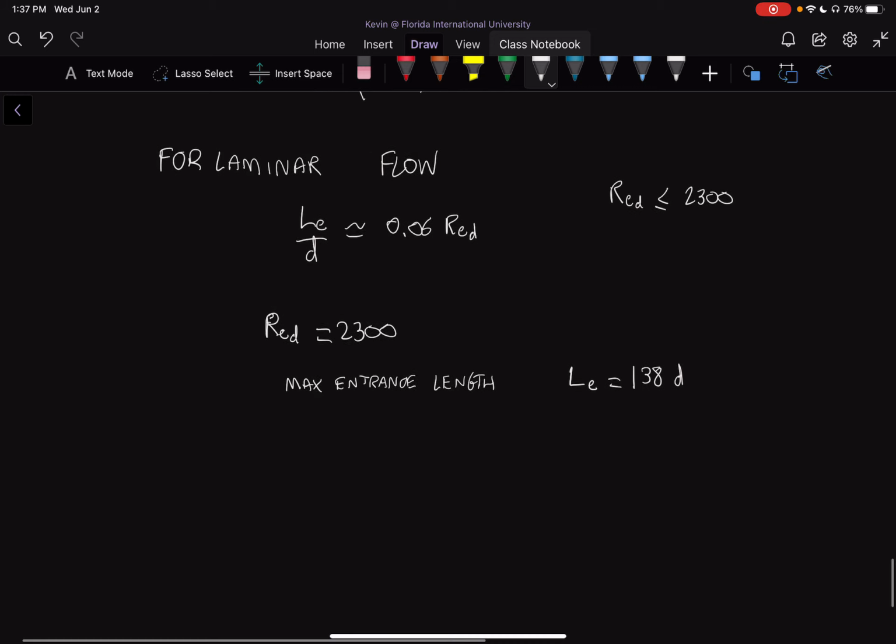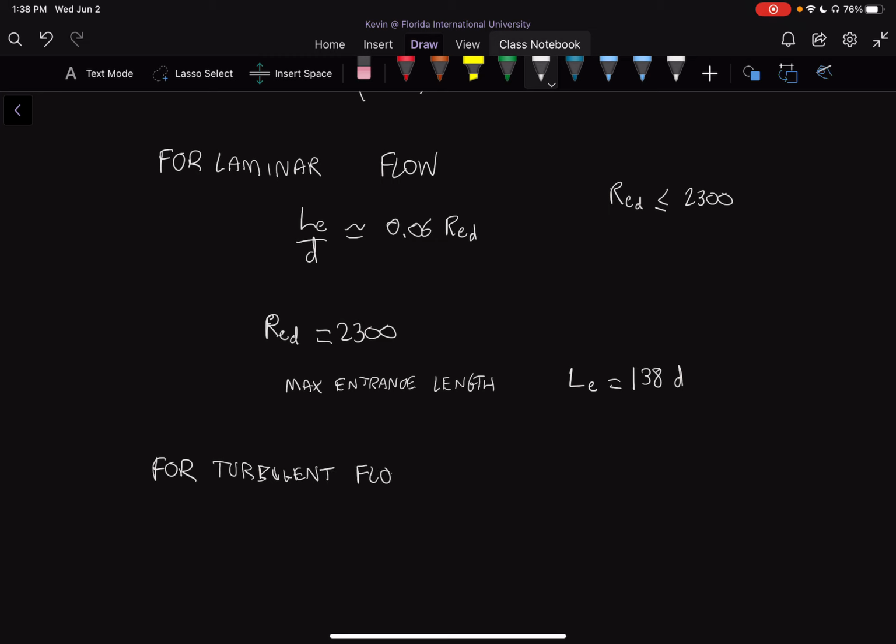Now, for turbulent flow, which we'll address later, the boundary layer, or BL, grows faster. And it grows faster because there's more chaos and it's easier for it to grow.